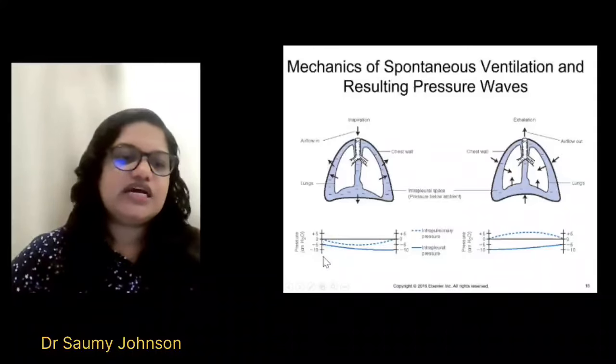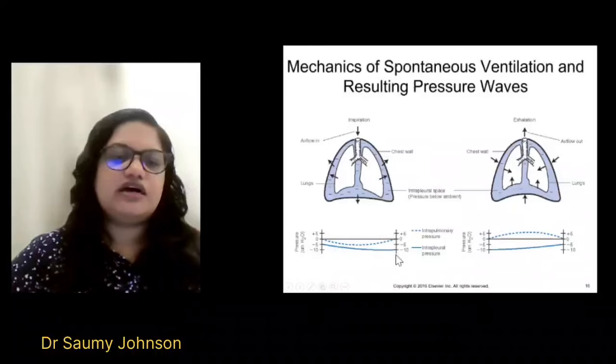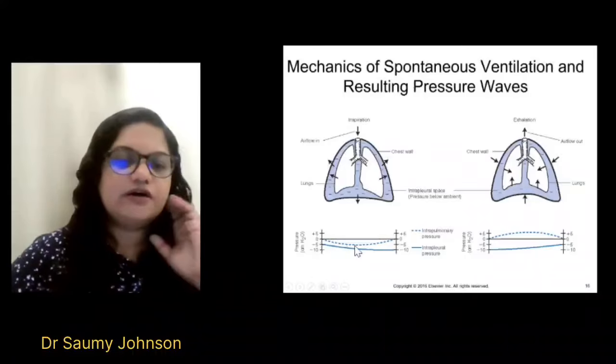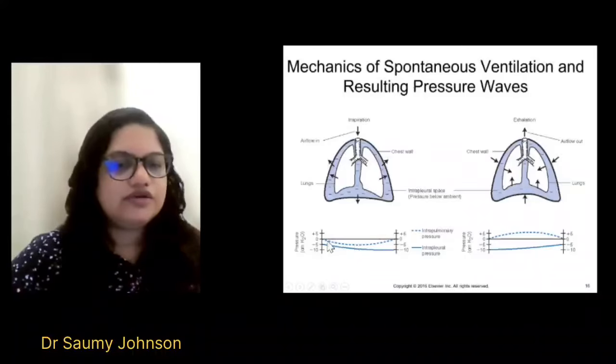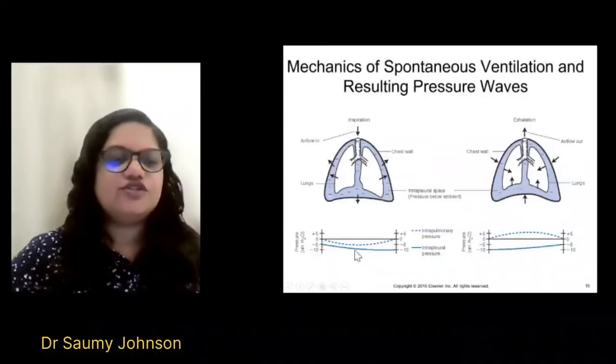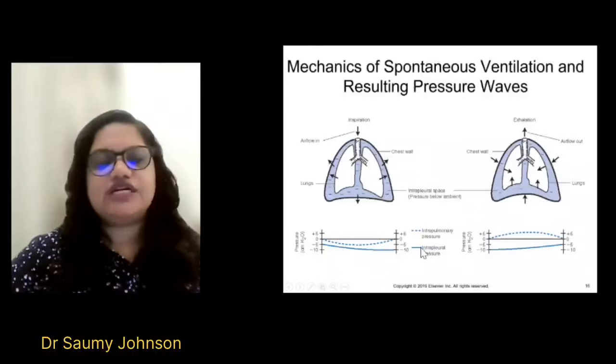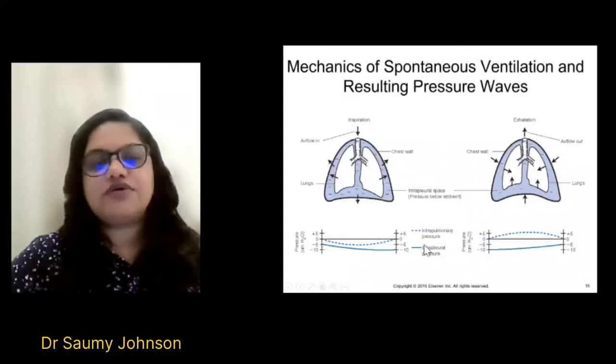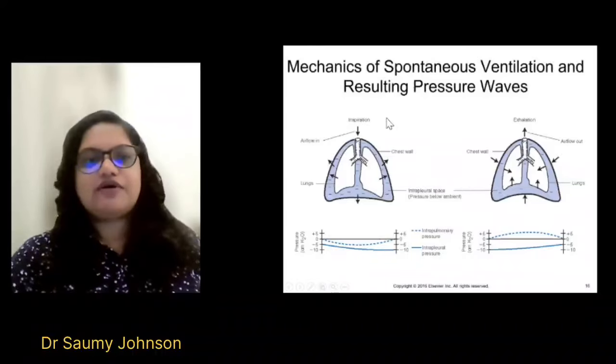So as you see here, this is the pressure time graph. We have the pressure becoming negative from -5 to -10 as we discussed: intrapulmonary pressure is becoming -5 from 0, and intrapleural pressure is becoming -10 from -5. So that is about inspiration.